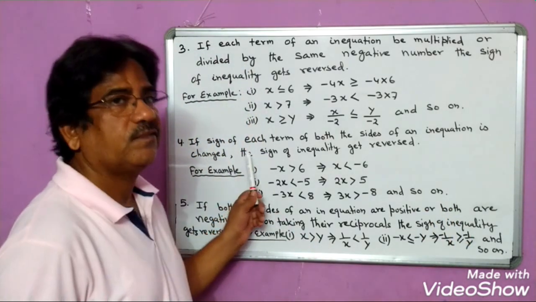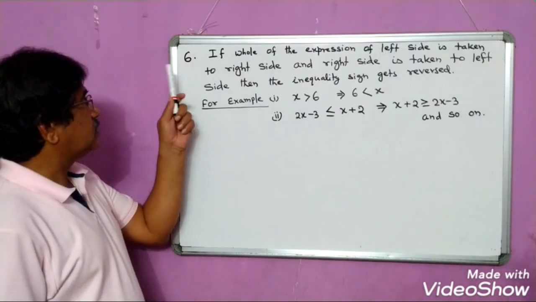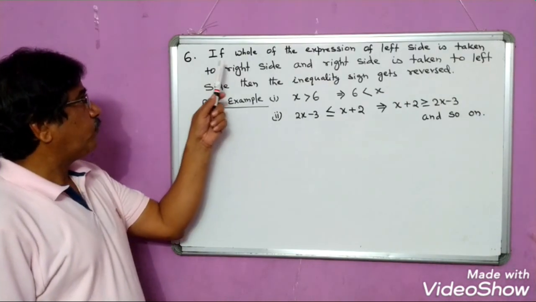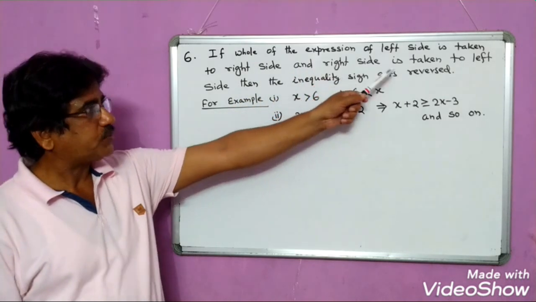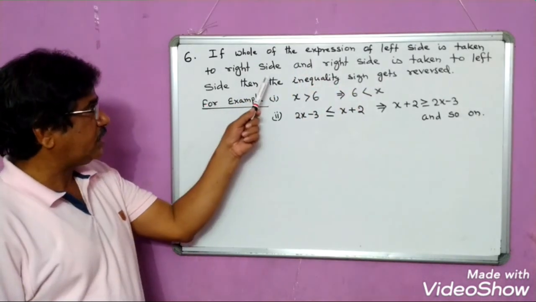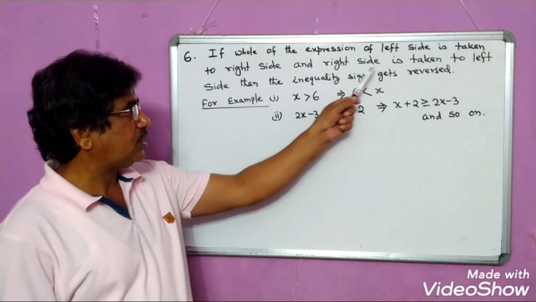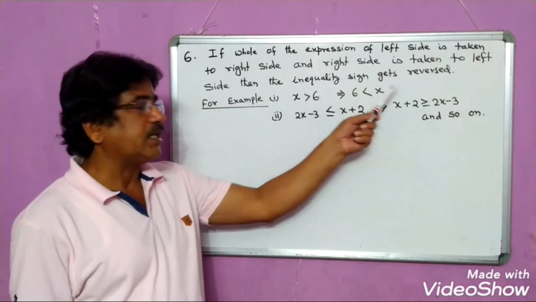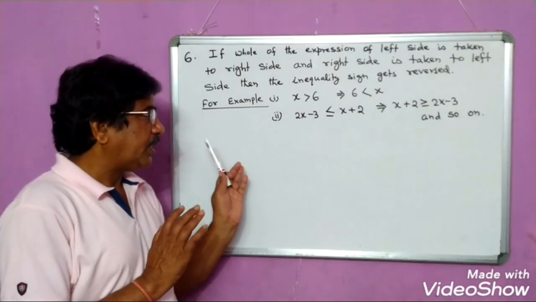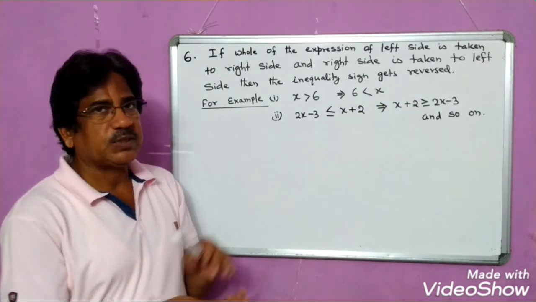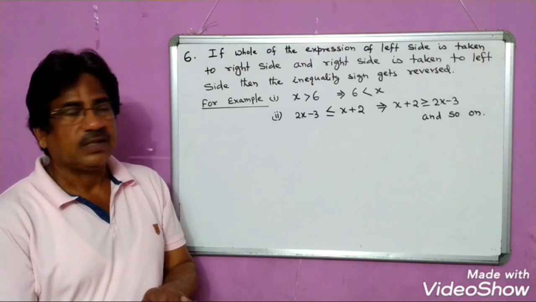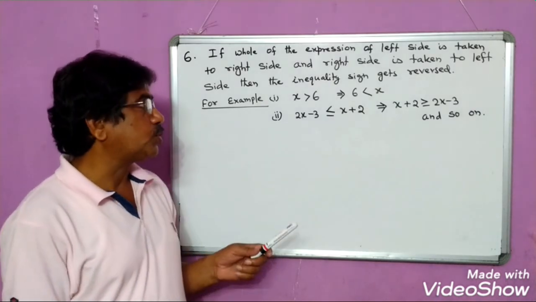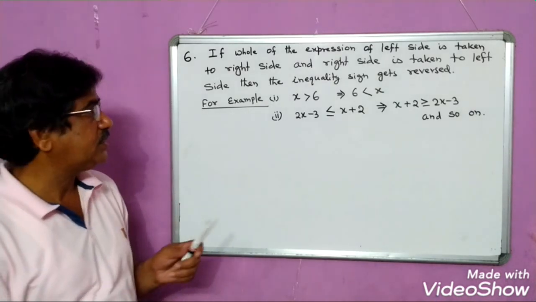The sixth rule is that if the whole of the expression of the left side is taken to the right side and the right side's expression is taken to the left side, then the inequality sign gets reversed. It means when we interchange the whole of the expressions from left to right and from right to left, then in that situation also the inequality sign actually changes.